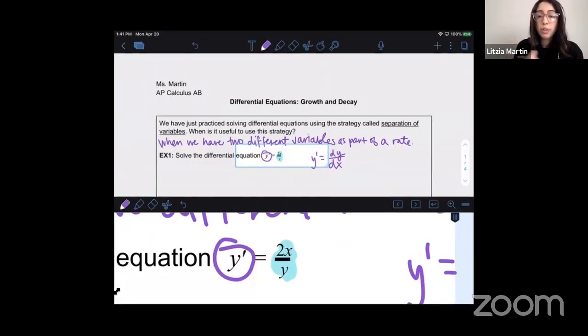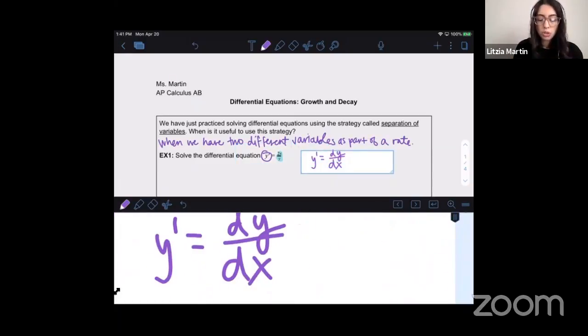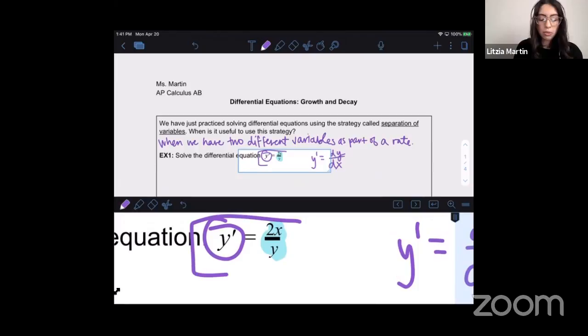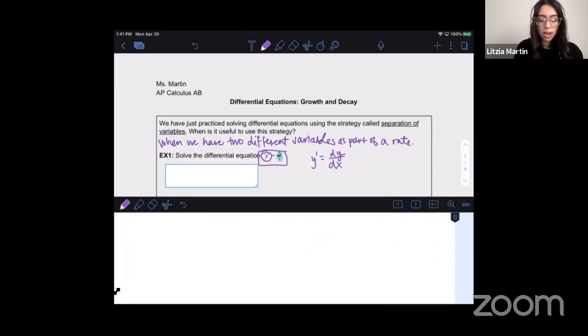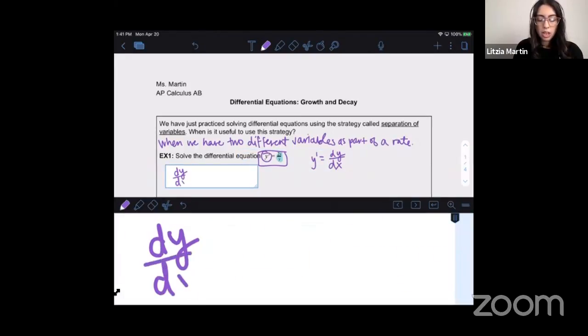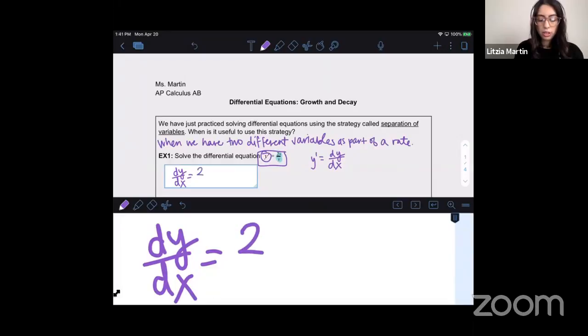X and y are both of our variables. If it's y prime, that means it's the change in y, and then it's going to be divided by the change in x. So this equation here, I can rewrite it as dy over dx is equal to 2x over y. And so this is a rate of change. It's the change in y over the change in x.